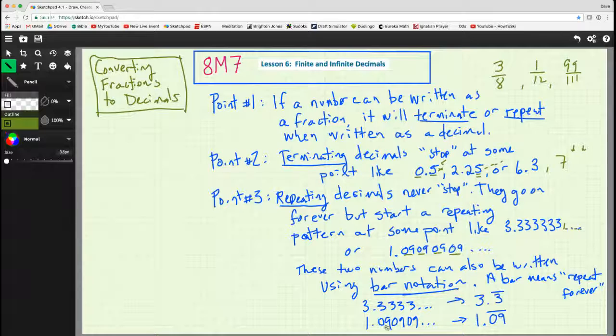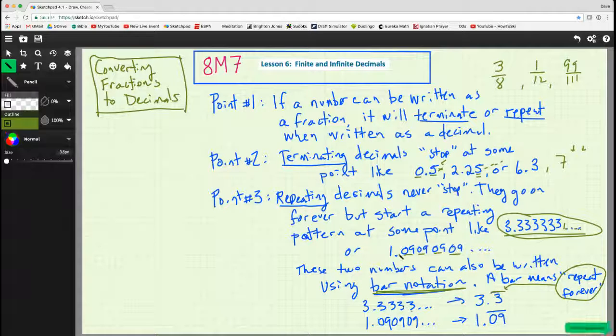So these repeating decimals can also be written using what they call bar notation, and this should be familiar to you. So for this number 3.33333, you don't have to write so many decimals and then these dots. You can just write that as 3.3 with a bar over this 3, and that means to repeat forever the thing under the bar.